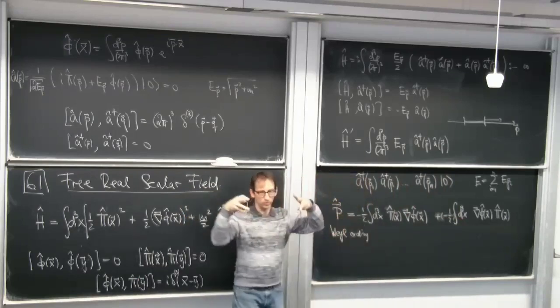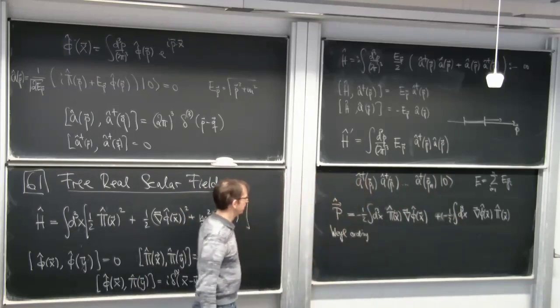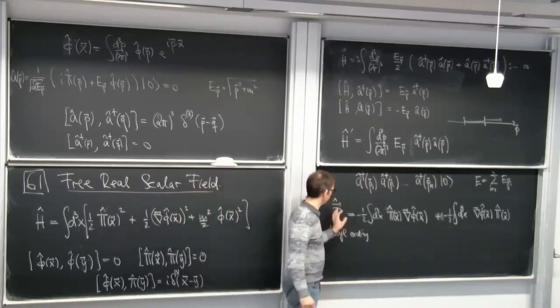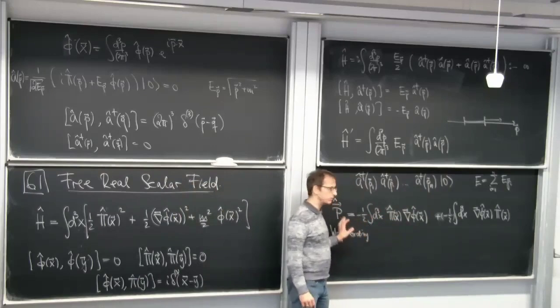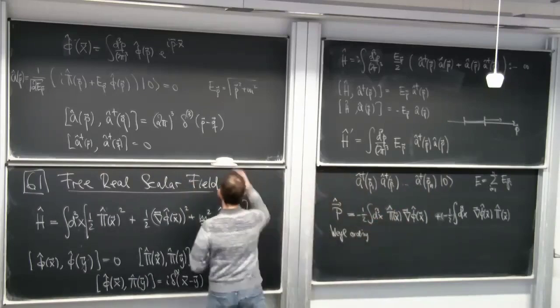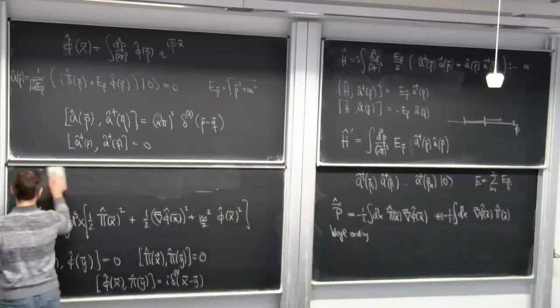Or you do the normal ordering with the colons. The interesting thing is that for this particular operator, the momentum, it doesn't matter. If it was angular momentum, it would matter. For this one, it doesn't. And I wanted just to write it down for you.